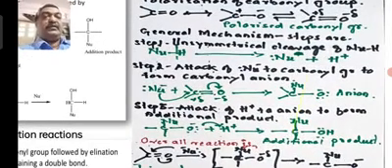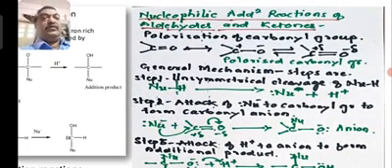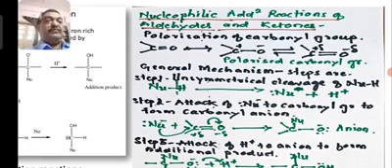Now you can see the nucleophilic addition reactions of aldehydes and ketones, where the carbonyl group is generally polarized to form plus and minus, having a resonating structure with plus delta and minus delta. Please note this, it will come in almost all reactions as a common feature, keeping in mind that oxygen is minus delta and carbon is plus delta.